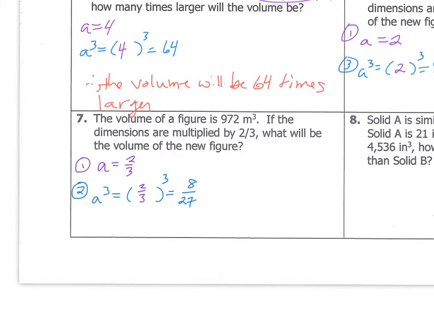All right, so look up here. If we're going to multiply the dimensions by 2/3, isn't A equal to 2/3? Okay? And then if we want to see what the effect will be on volume, don't we have to cube that? So if you cube 2/3, you get 8/27. What are we going to do with the 8/27?